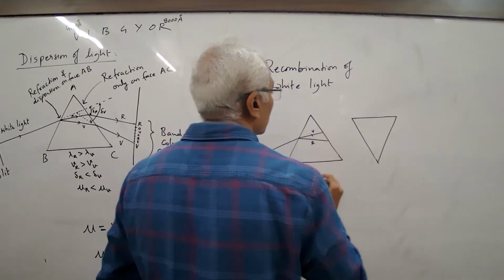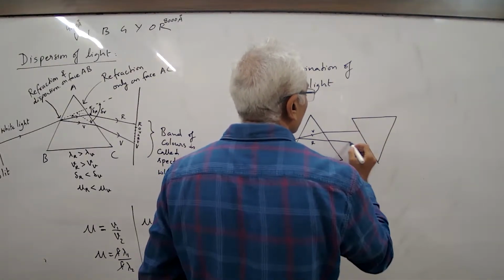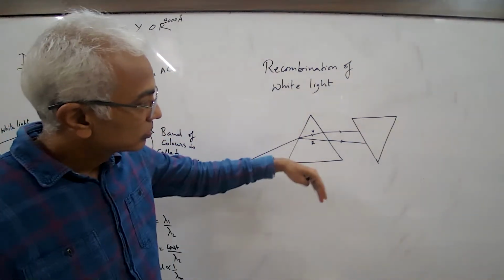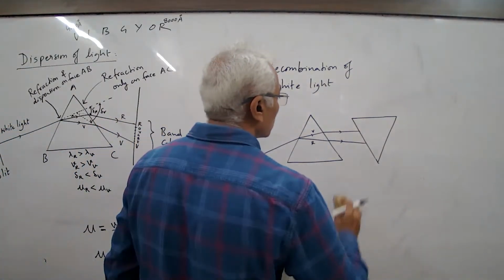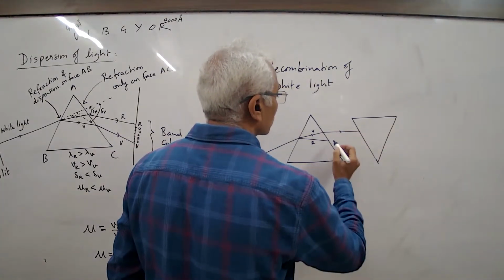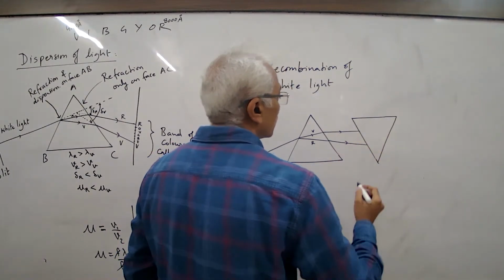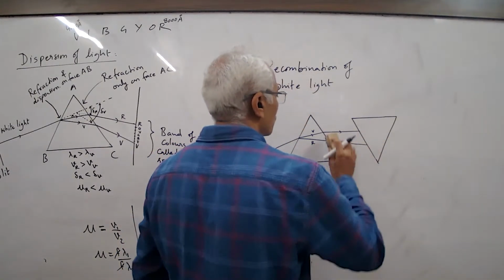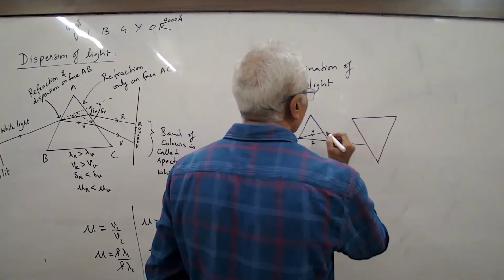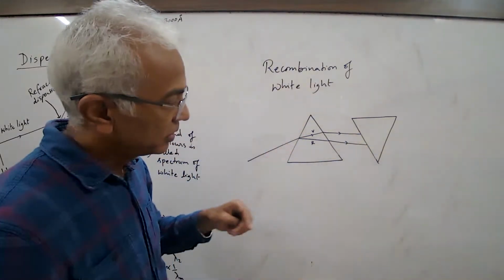This is violet, this is red. Now what will happen? Okay. So it has gone down. It will slightly show it to go down. And this also should go a little down. So they're not parallel, right?